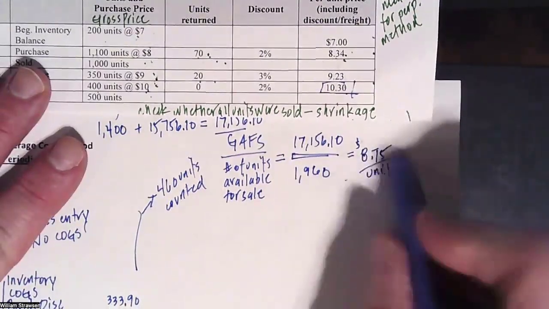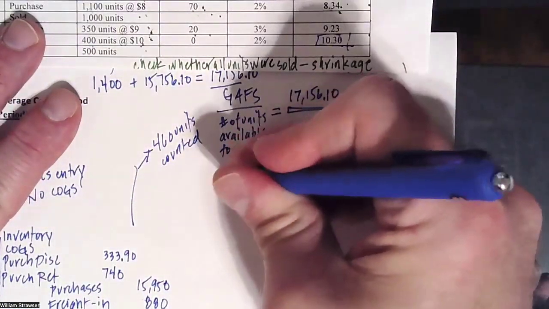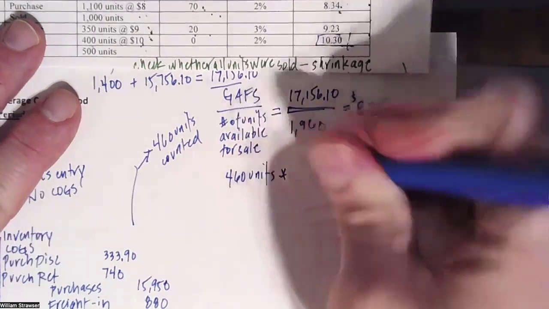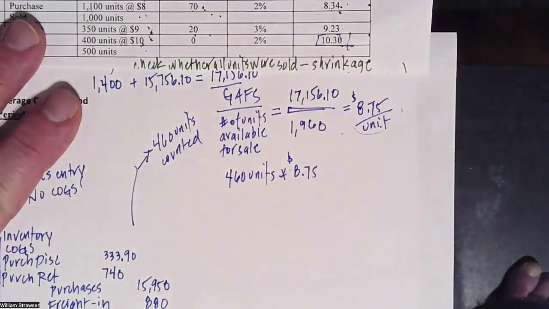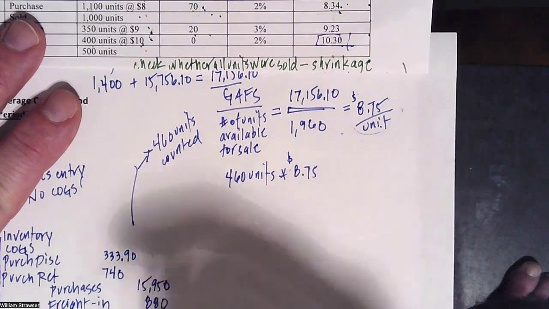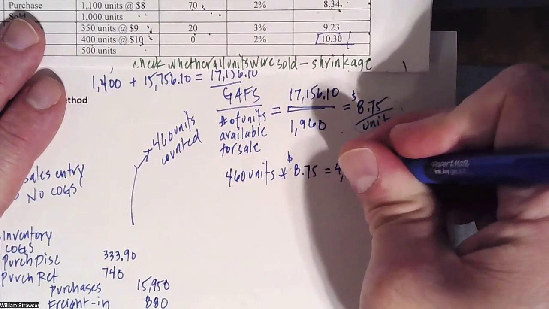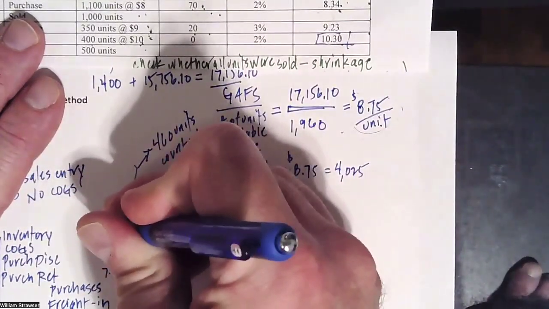But yeah, so now we got our per unit price, and we know that there's 460 units in my ending inventory. So I just have to take the number of units that are in my ending inventory and multiply it by 8.75. That's going to give me my ending inventory amount that I want to establish in the account, 4,025.